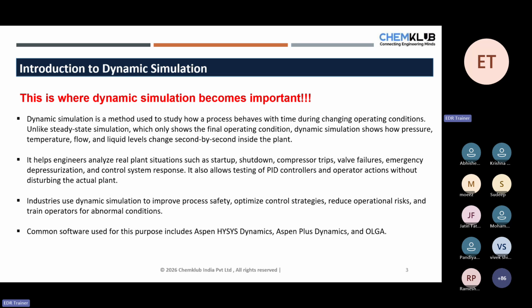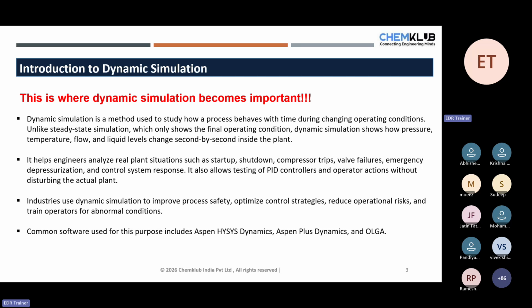So there are separate modules available which take care of these compressor trip studies and other things. Emergency depressurization, flare load estimation, control valve tuning, PID controller testing, safety interlock verification, operator training simulator.